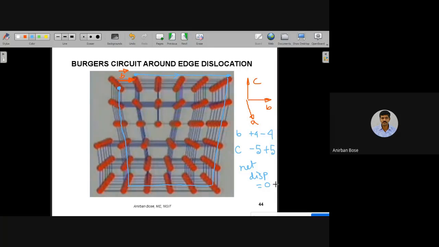And if you find that you are not coming back to the initial position, then the vector that joins to the initial position is the Burgers vector in magnitude and direction. So is it clear how to find the Burgers vector through the Burgers circuit?